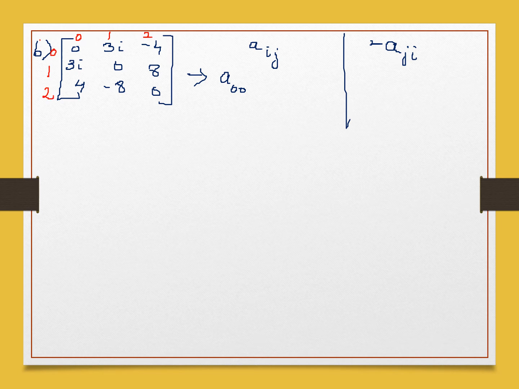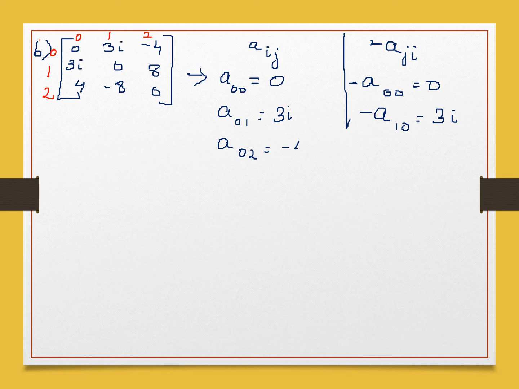So a_00 is 0, and similarly minus a_00 will also be 0. a_01 is 3i, and minus a_10 is 3i. a_02 is minus 4, and minus a_20 is 4, so we will put a minus sign here.